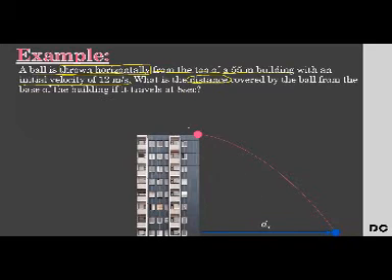And the time interval during that is equal to 8 seconds. So therefore, we have our given.